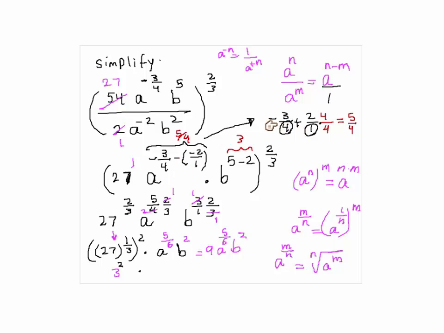That gives you minus 3/4 plus 2 over 1. And the LCD is 4, so you multiply this by 4 over 4. So you get minus 3 plus 8 over 4. That gives you 5 over 4. So that's how we got 5 over 4. And then when we raise it to the power of 2/3, it becomes 5 over 6. Okay, good.